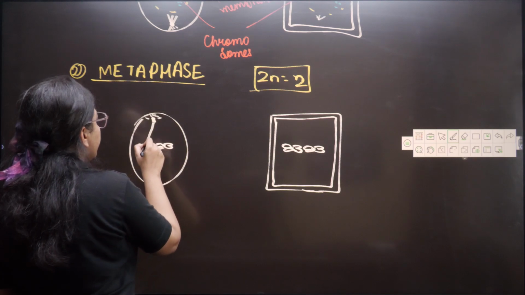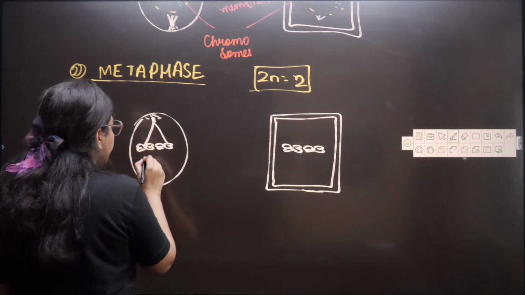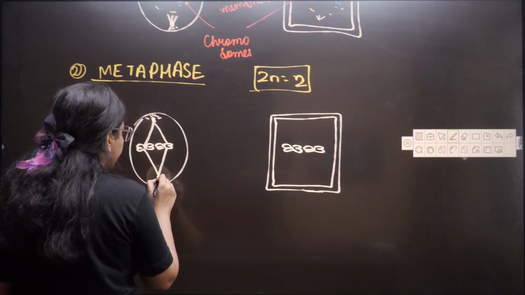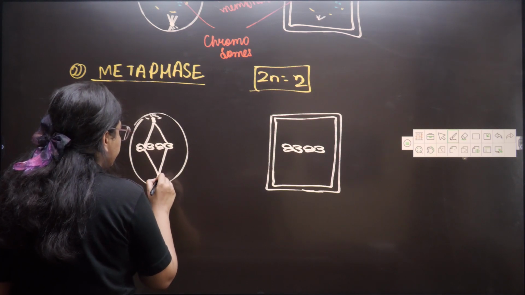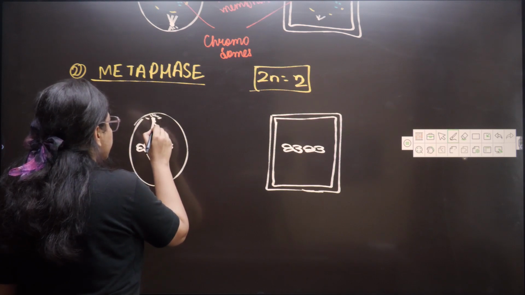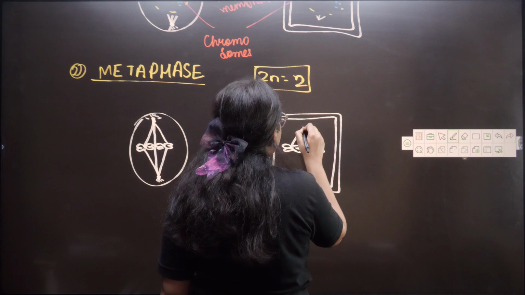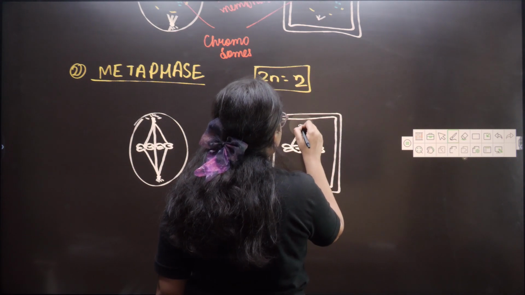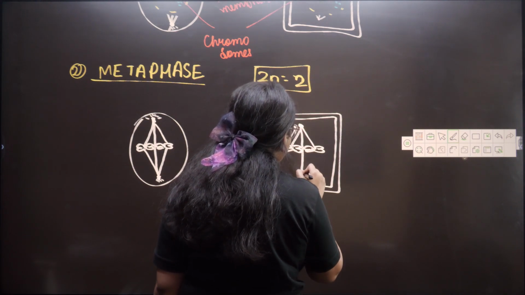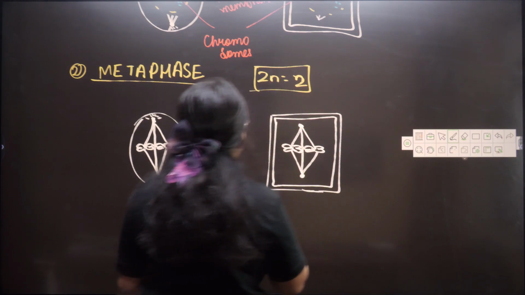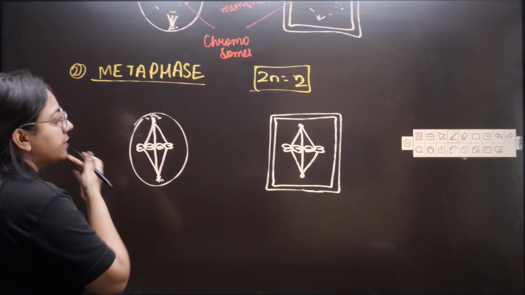From here the spindle is connected this way, aster, centriole, connected this way. The same thing here, the spindle will be connected. Obviously it will not have any centriole or aster, rest everything is same.